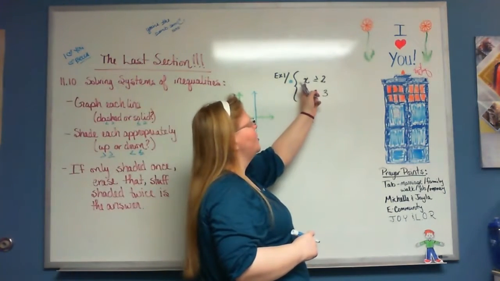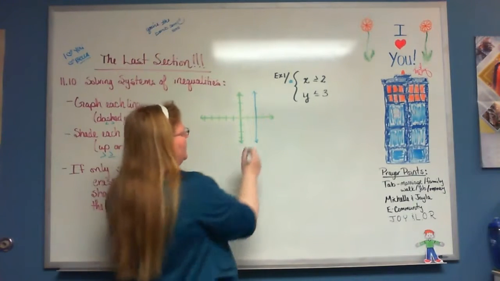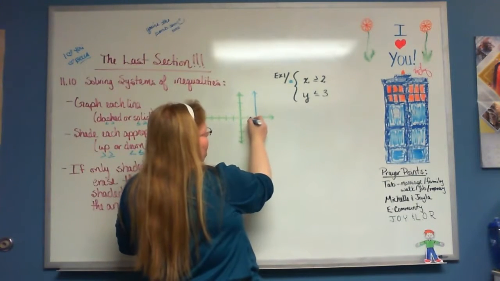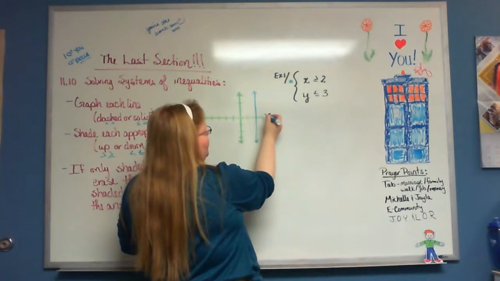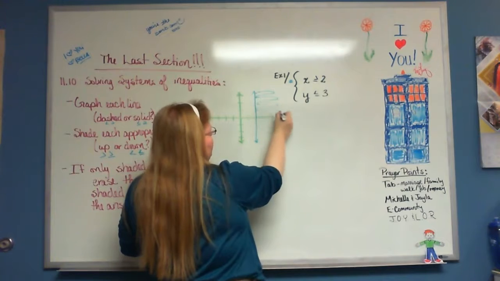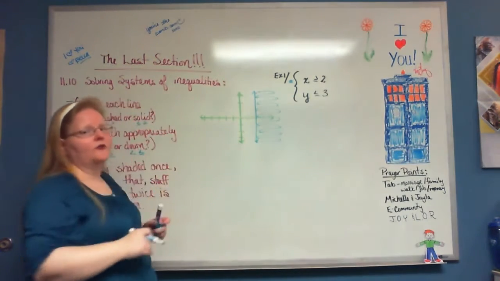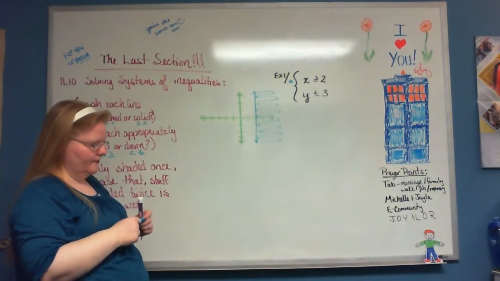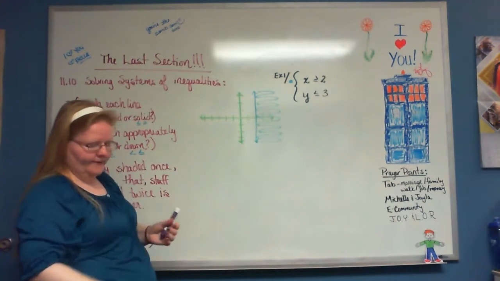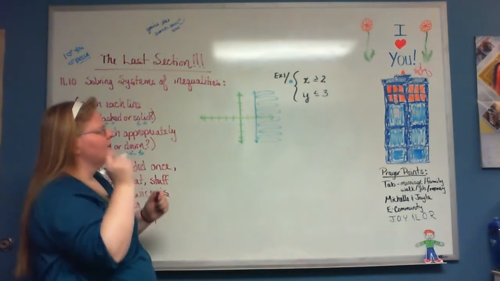This is saying all x is greater than or equal to 2. So let me ask you a question. Is 1 greater than or equal to 2? No. But 3 is. So that means it gets shaded on this side. So everything on this side of the line, I'm going to shade, because that's all stuff that's greater than that line.